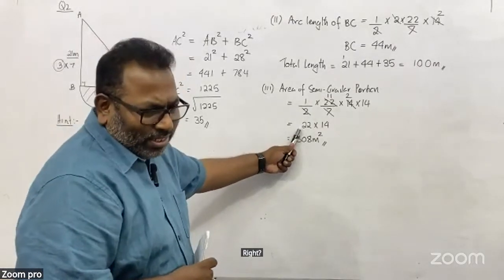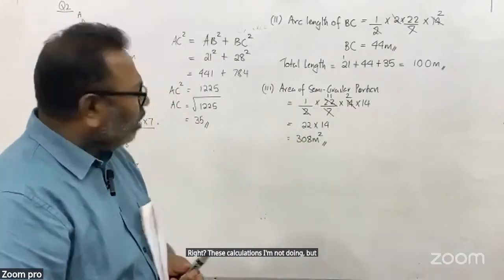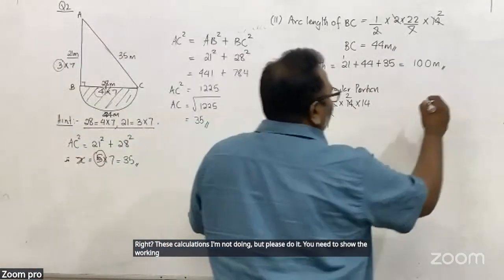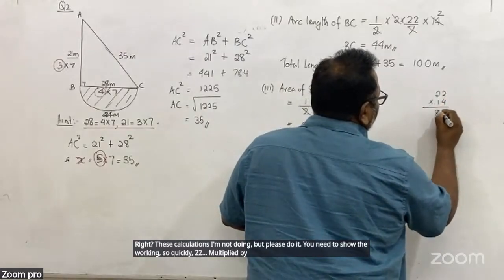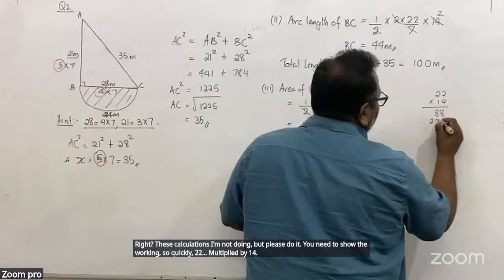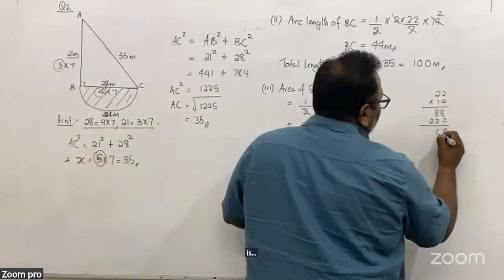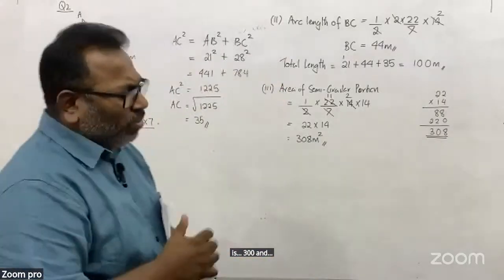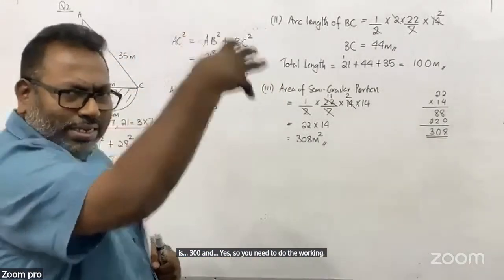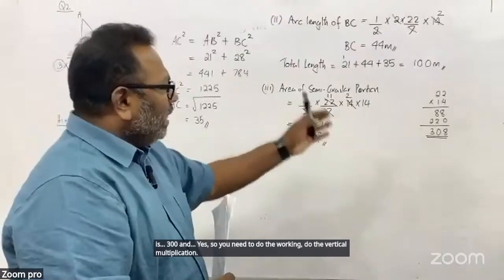These calculations I'm not doing, but please do it. You need to show the working. So quickly, 22 multiplied by 14 is 308, yes. So you need to do the vertical multiplication on the side and get your working done.